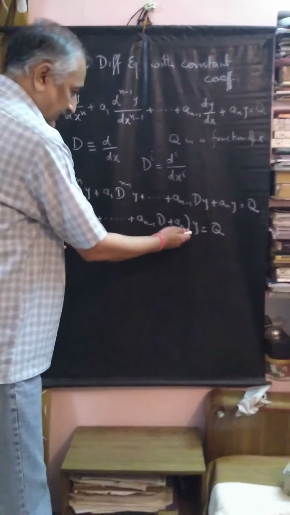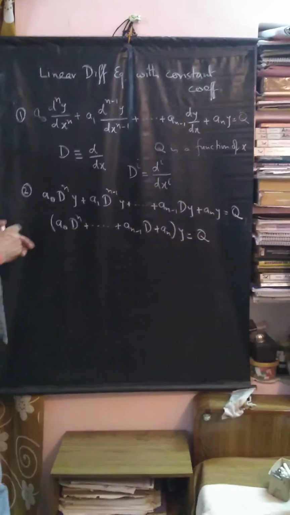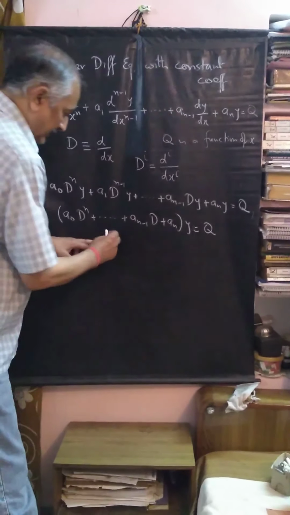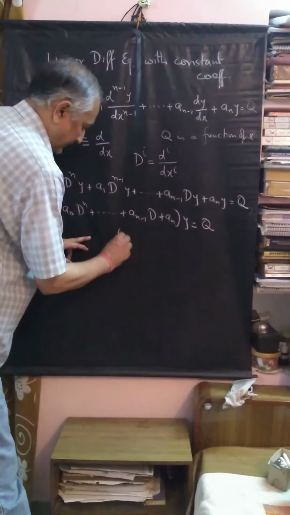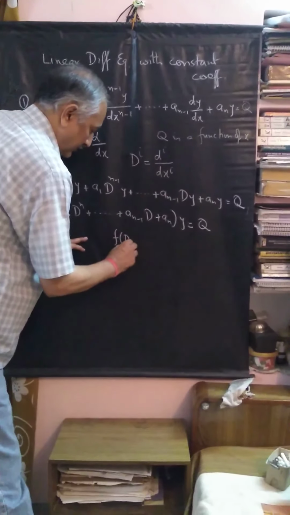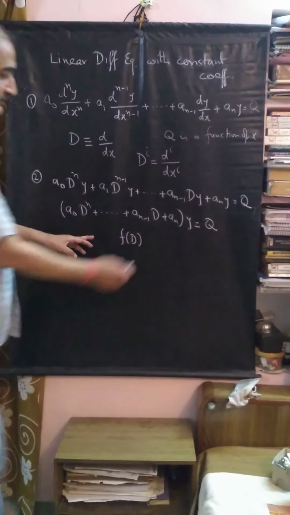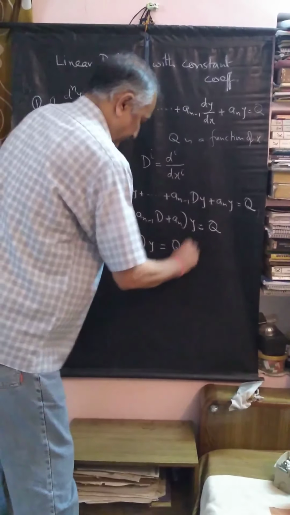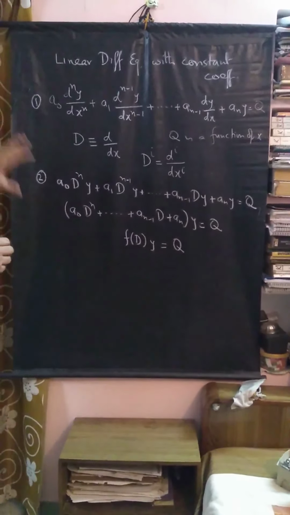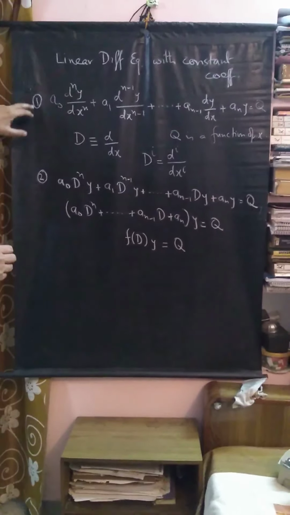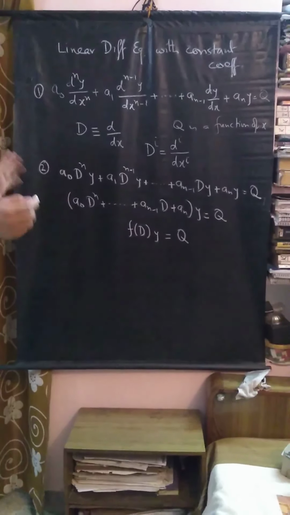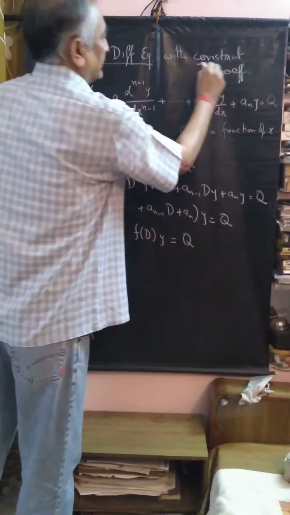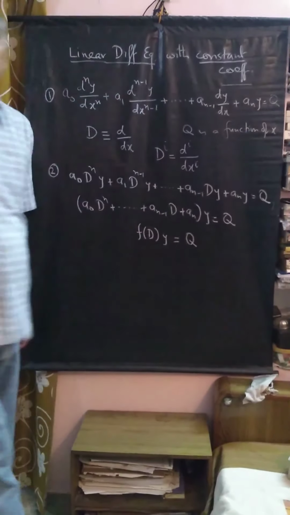So you can see that this is a polynomial with constant coefficients in D. So I'll write all this expression as a polynomial in D. Then you have this y, and then you have Q. An equation of the form 1, 2, 3 is called a linear differential equation with constant coefficients.